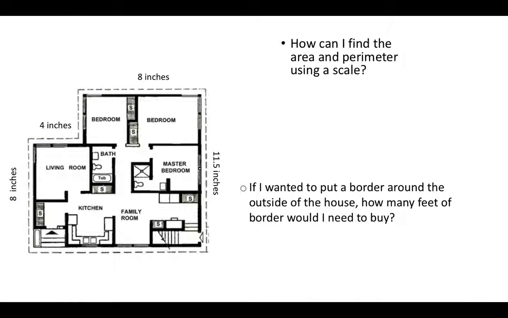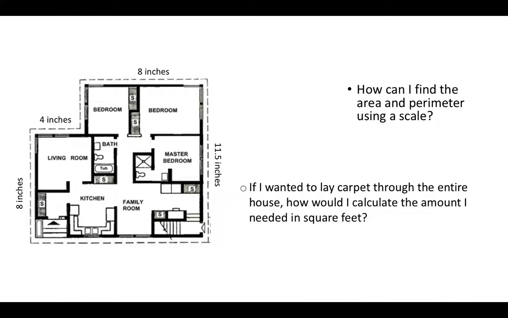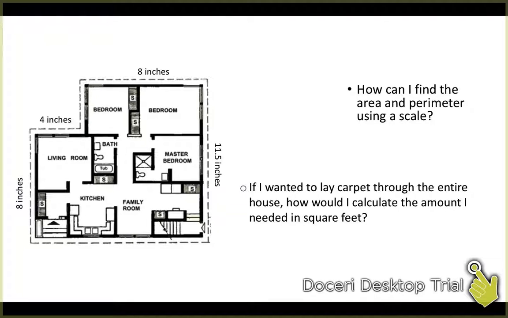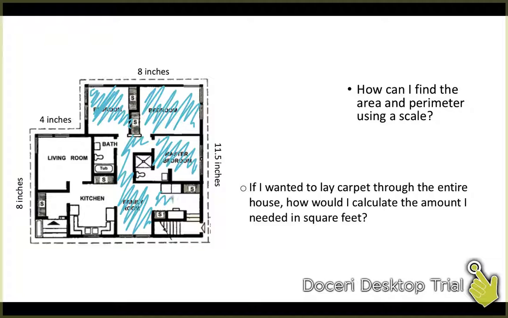Okay, now let's look here. Let's ask another question. What if I wanted to lay carpet in the entire house? That's a lot of carpet. I would need to find how much I need in square feet, right? So notice how the last one was just feet.